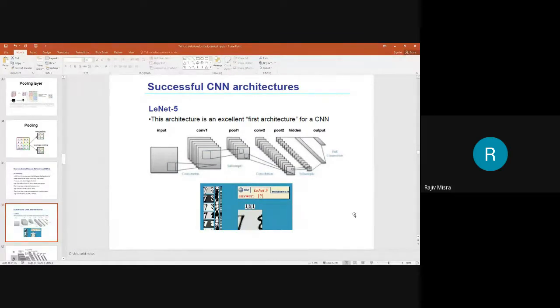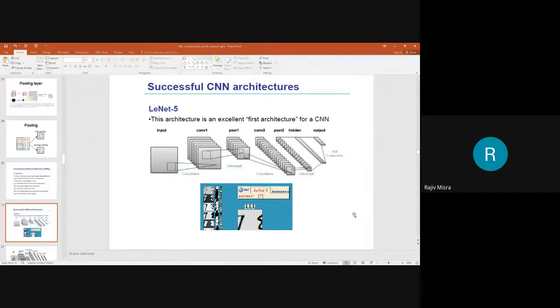You can find the use of handwritten digits in checks or in most documents where the digits are money values or other values. So how do we read these handwritten digits from checkbooks or other documents? LeNet 5 was initially developed as one such classical CNN architecture.